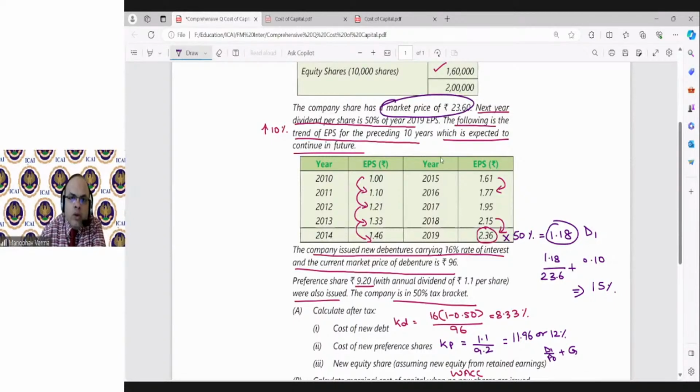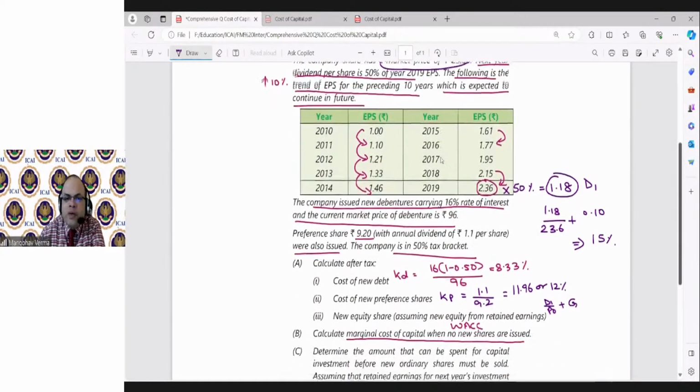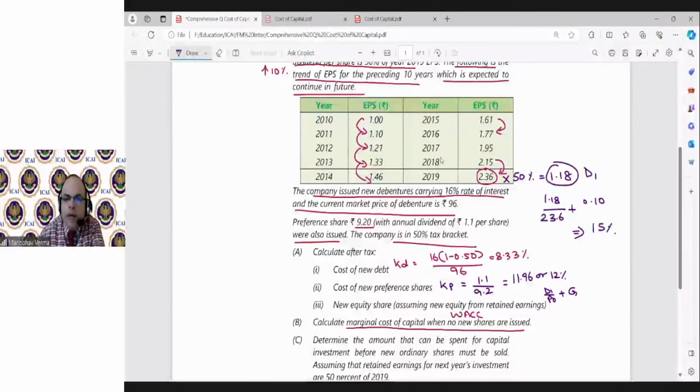And we are also talking about a scenario where the next question incidentally talks about calculating marginal cost of capital when no new shares are issued. We have already discussed, if no new shares are issued, marginal cost of capital is nothing but WACC.